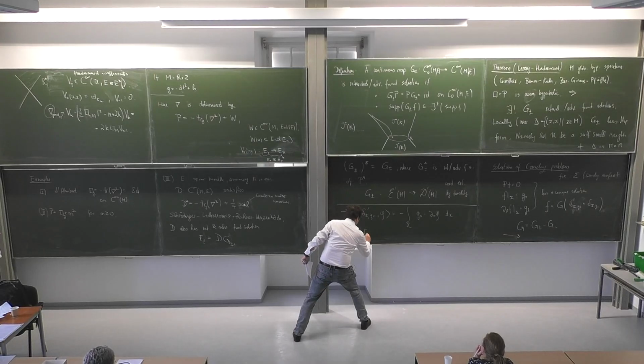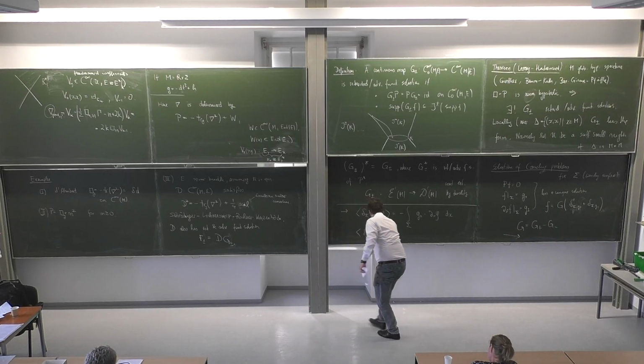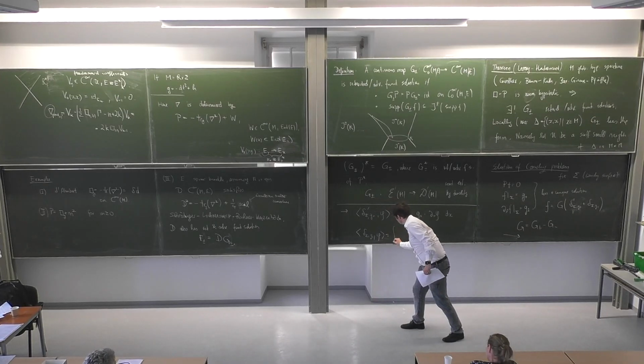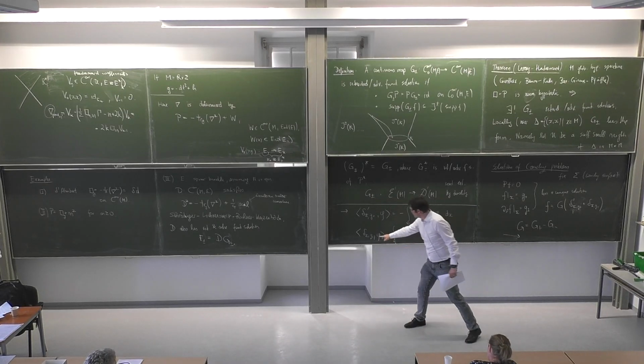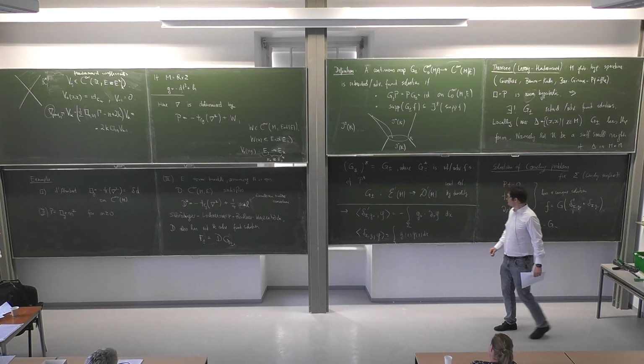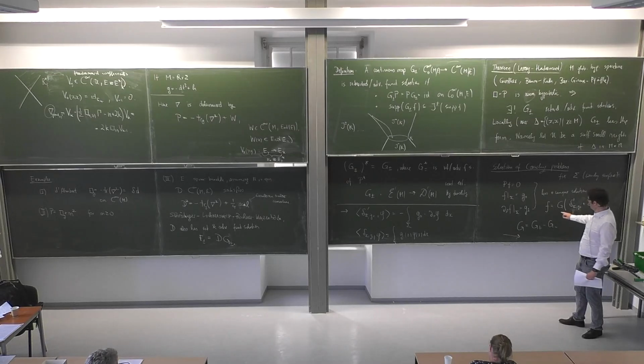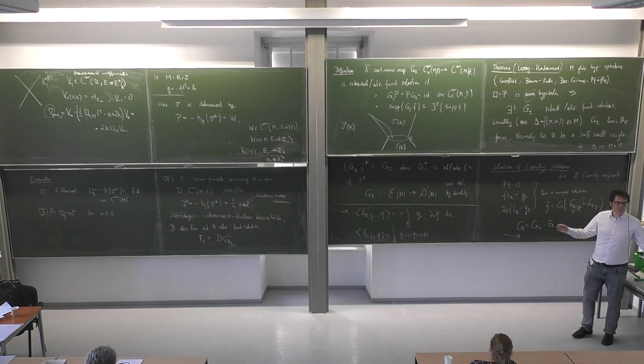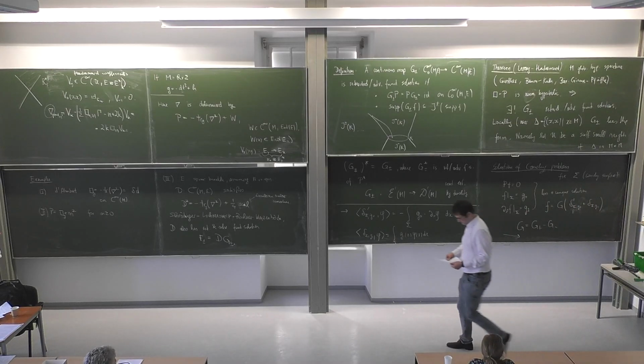And in the same way, it looks like I have to do this computation. So G1. So they switch roles here. This is just the delta distribution on sigma that I smear out with G1. So this is G1 of x, phi of x, dx, and I integrate this over the Cauchy surface. So you have these distributions, you apply this operator G to it, and you get the smooth solution of the Cauchy problem.